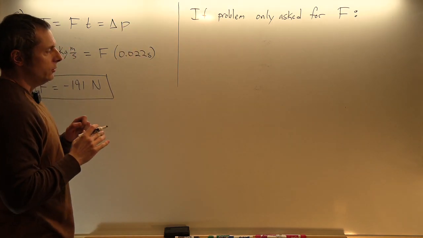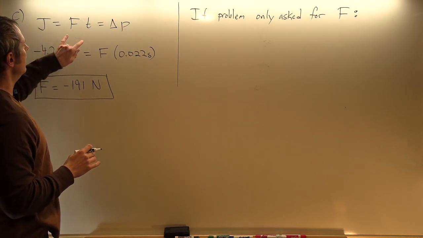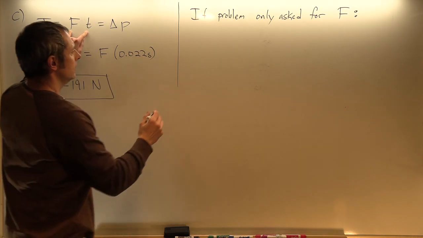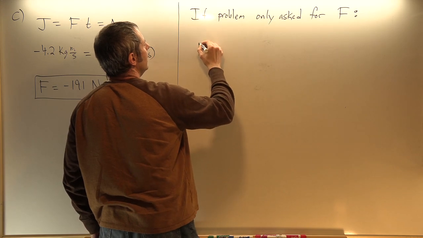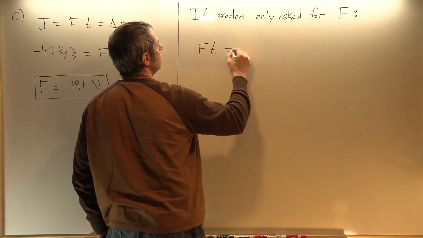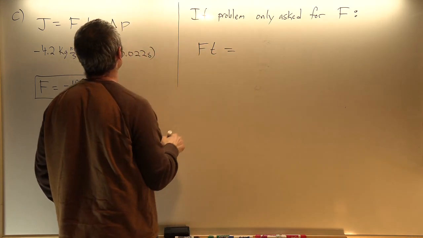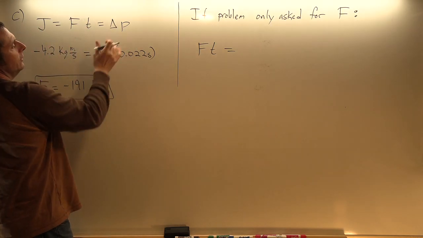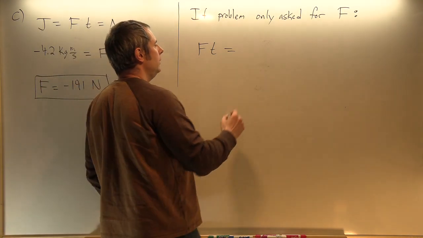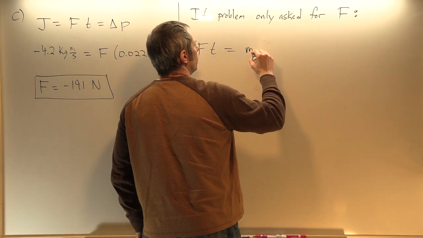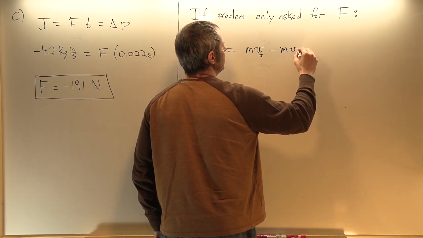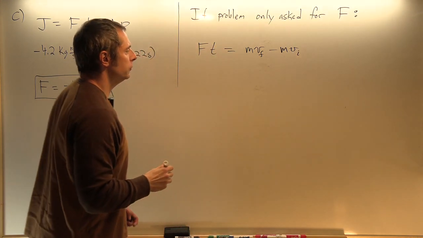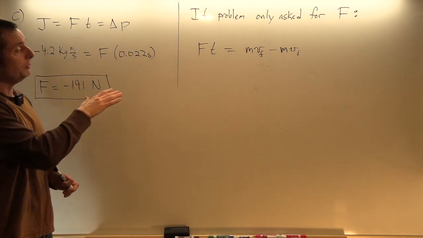So use the part that you need. This part, we don't need the J, so we're just going to write our formula as force times time. We're looking for the force, we got the time. And rather than write delta P, I strongly recommend you just start off with a formula like this, as I said earlier. It makes it easier. Spell out what delta P is. So there's my formula. That's what I'm starting with.